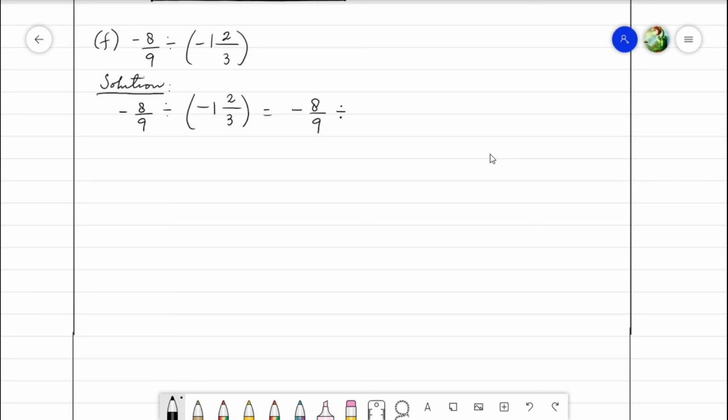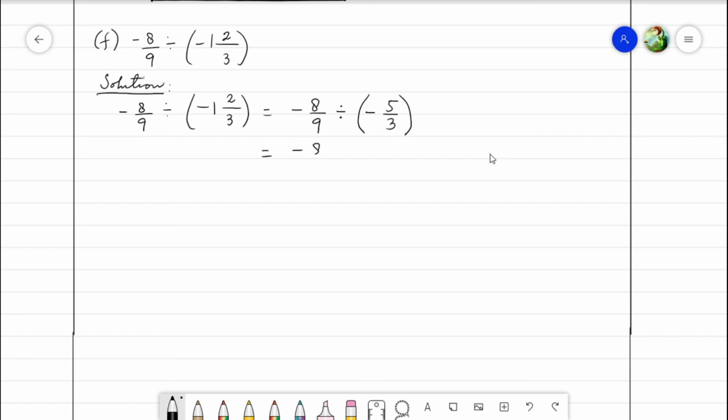Division is the operation between these two fractions, negative 8 by 9 and negative 1 whole 2 by 3. Now I will change this mixed fraction into an improper fraction. So that will be 3 ones are 3, 3 2s are 6 and 6 and 5, 5 by 3. And now this is negative 8 by 9 and negative 5 by 3, and we are going to perform the operation of division between them.